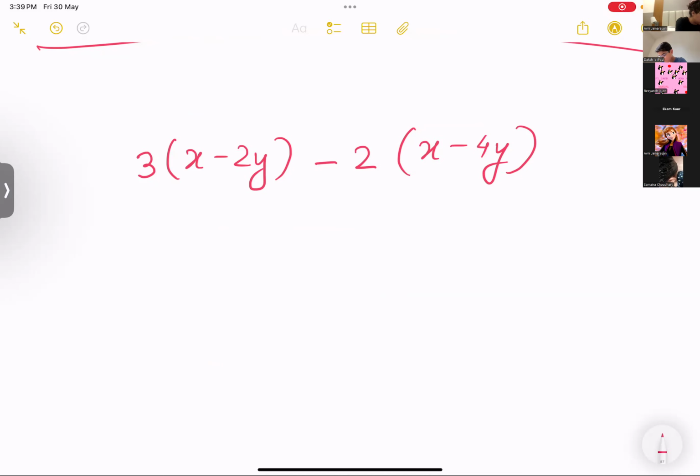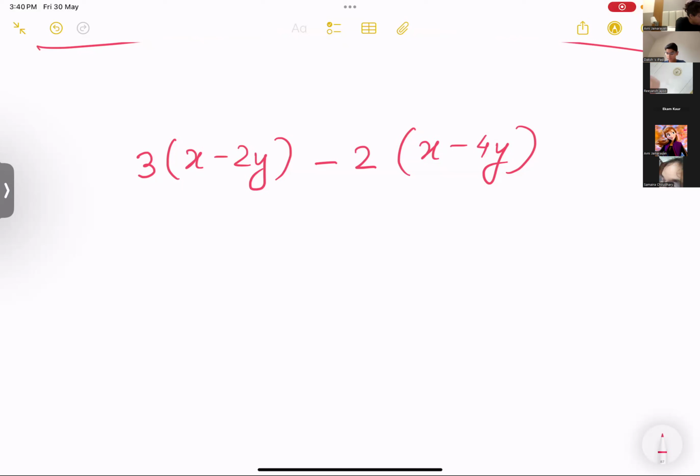Minus 2 into minus 4y. Minus minus becomes plus. Now 2 into 4y becomes what? 8y.